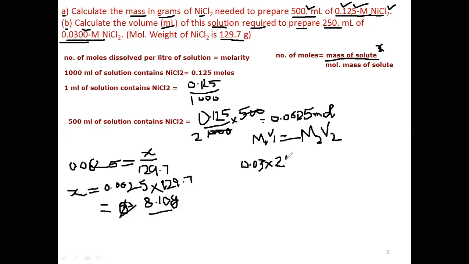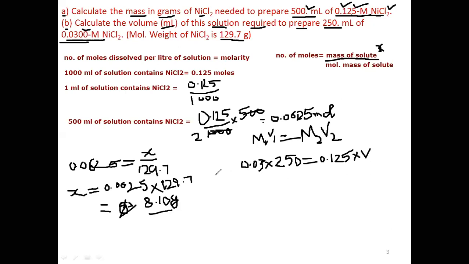Now we have to prepare this solution from a solution of molarity 0.125, and its volume we have to calculate. That was our numerical: calculate the volume of the solution required to prepare 250 ml of 0.03 molar nickel chloride solution.